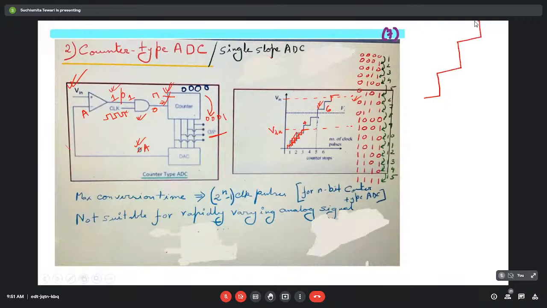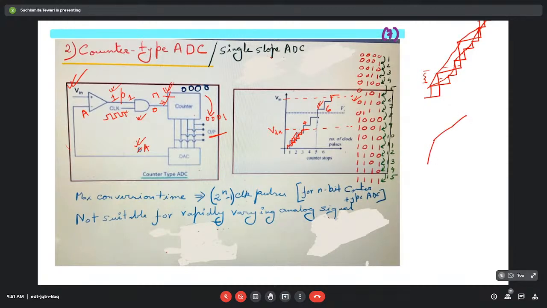Suppose this is there. Now we are introducing more discrete levels. So now the step height has been reduced, and if we now try to reconstruct this analog voltage, it will be something like that instead of this one.